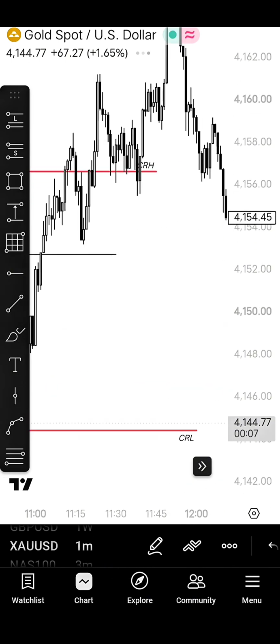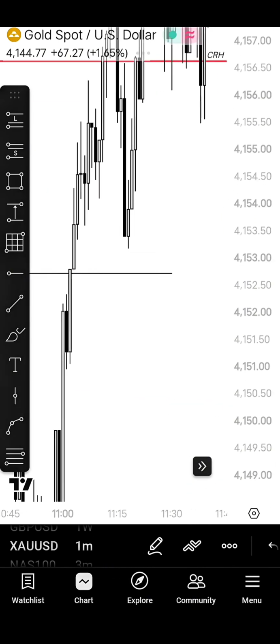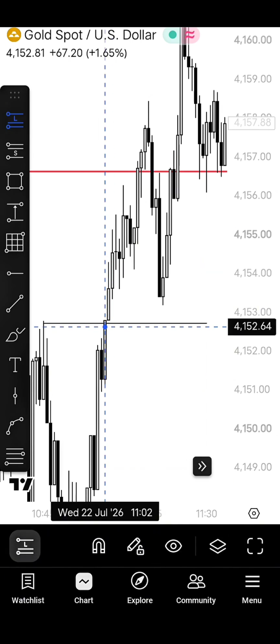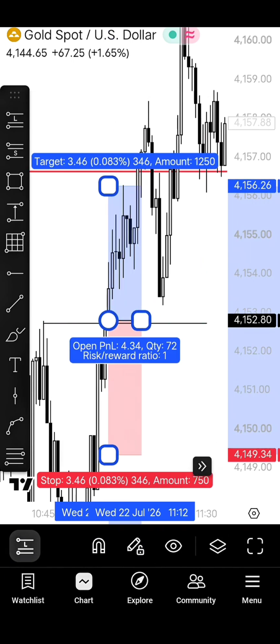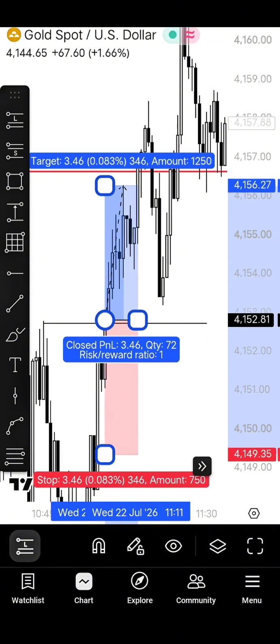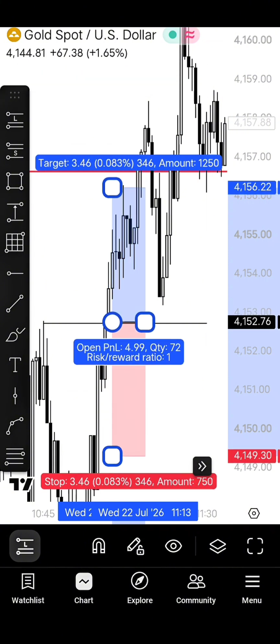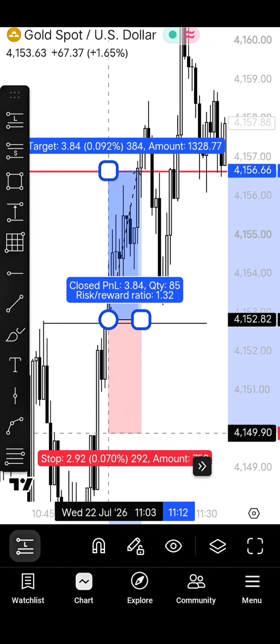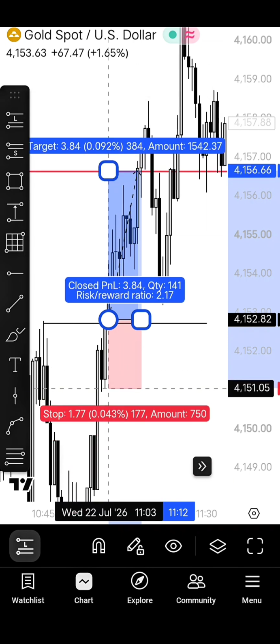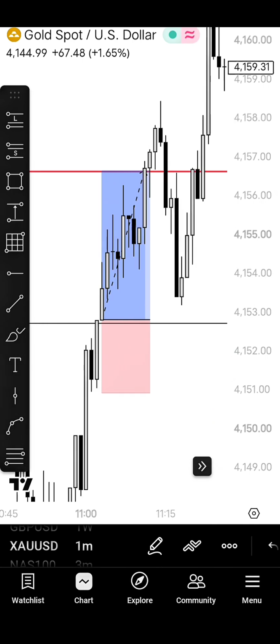Now let's see. You can simply see here. Price breaks this high. You take this CRT. For example, you target this high and target 1 to 2 easily. Banger trade. Okay.